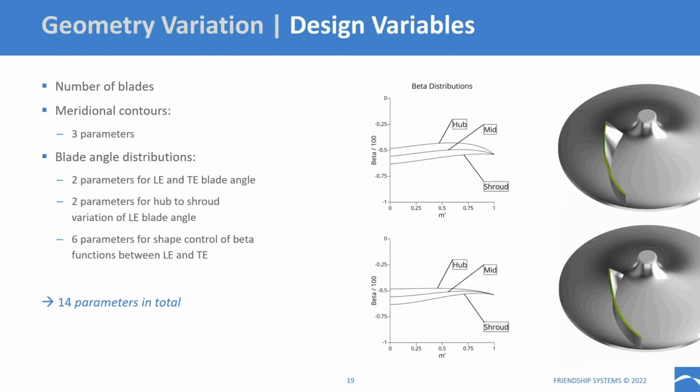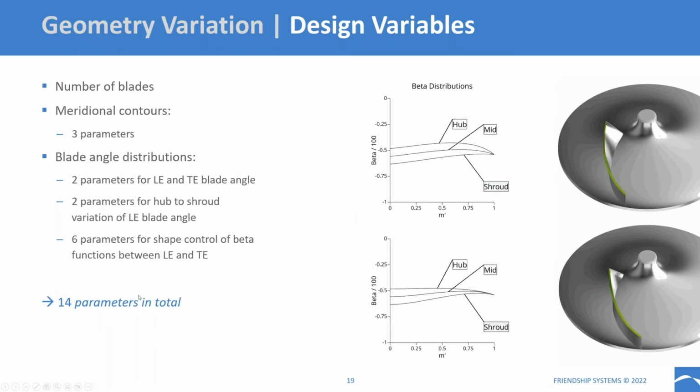And then finally, we have 6 additional parameters that allow us to further fine-tune these blade angle distributions, and basically these control the tangent of these beta distributions at the leading and at the trailing edge. Here they're all changed simultaneously, but it's actually in this case 3 individual parameters to control the tangent angle of this curve for hub, mid, and shroud, and at the leading edge, and the same thing for the trailing edge here.